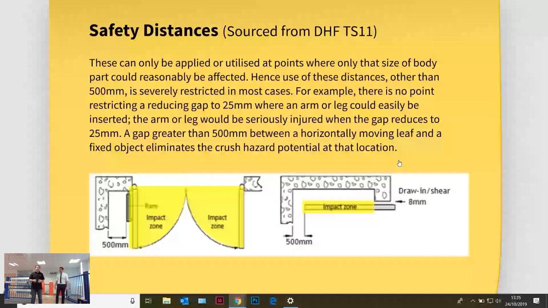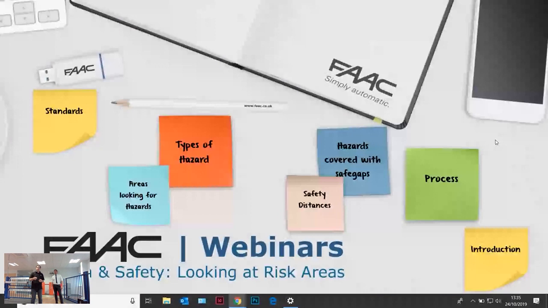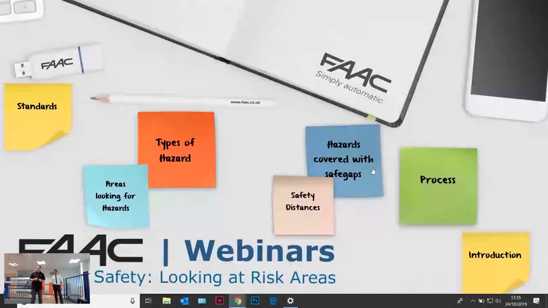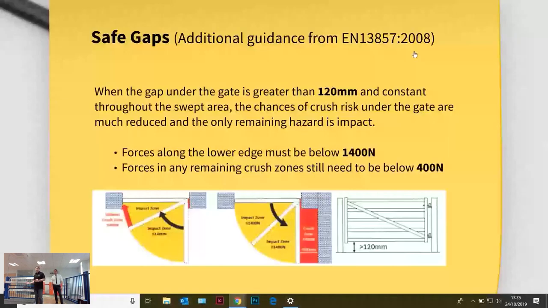And if we then look into the hinge gaps, or the hazards covered with the safe gaps, if we look first at the top one, the over 120 mil, this is primarily for swing gates. The same is applied on sliding gates as well. If you have a gap underneath the gate of over 120 mil, and it's constant throughout the entire swept area, generally the chances of a crush risk are greatly reduced, and you get left with the impact, so essentially the impact of the gate hitting you.